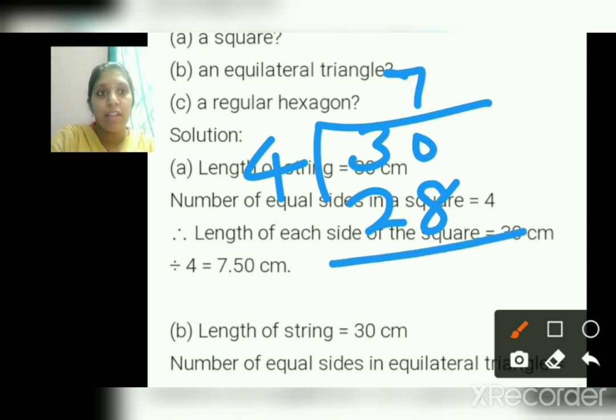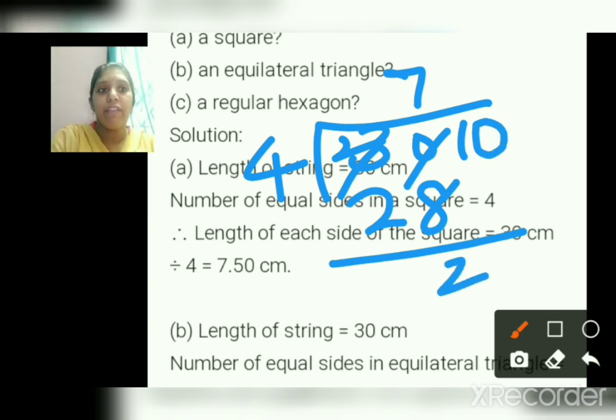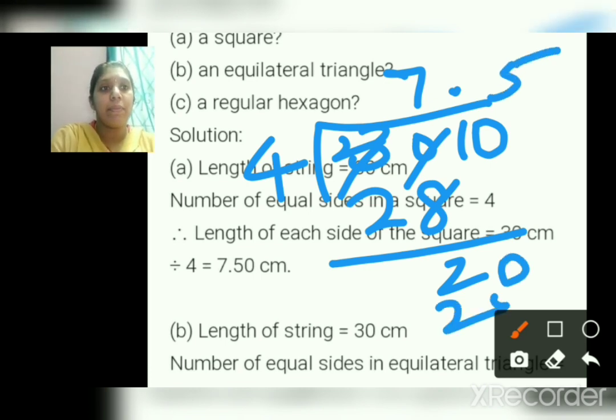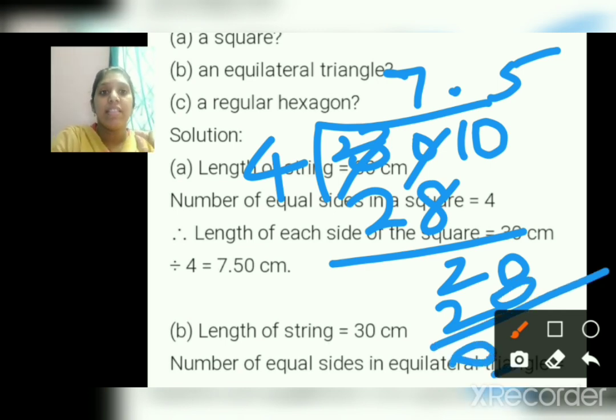So the remainder will be 2, this becomes 10 minus 8 will be 2. Now 2 is not divisible in 4 tables, so we have to place a decimal point and add a 0. Now 4 5s are 20. So the remainder is 0. So we have 7.5 centimeter.